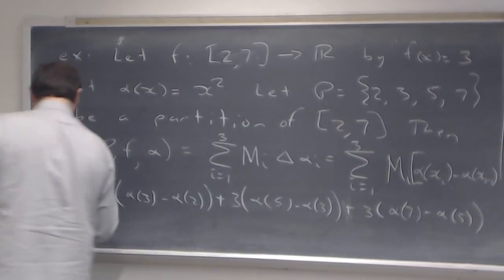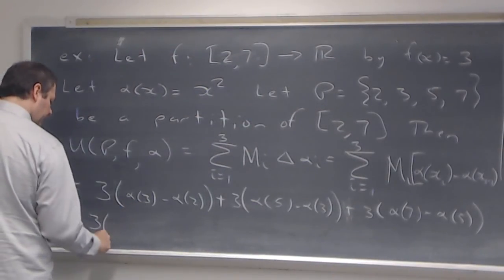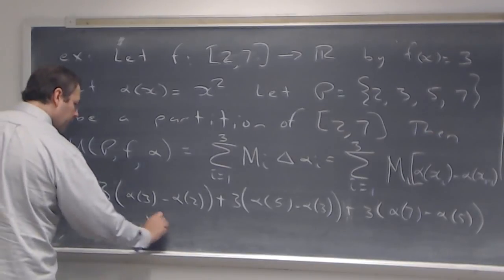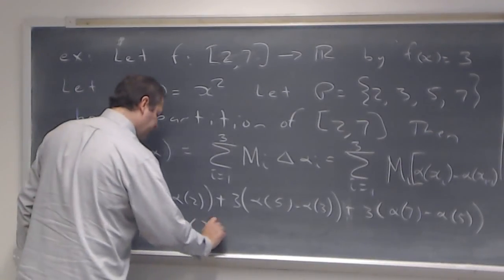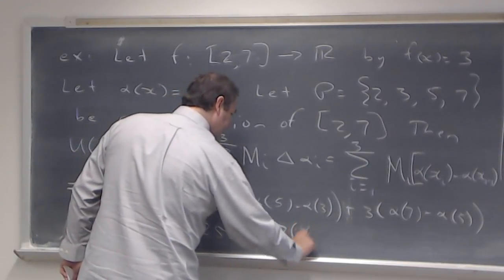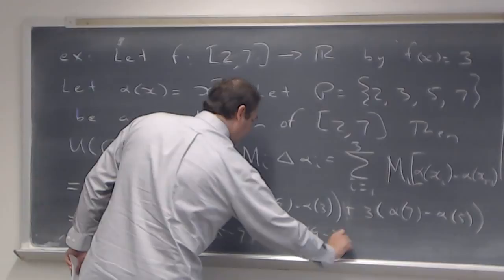And so this is going to be 3 times, remember alpha is x squared, so this is 9 minus 4, plus 3 times 25 minus 9, plus 3 times 49 minus 25.